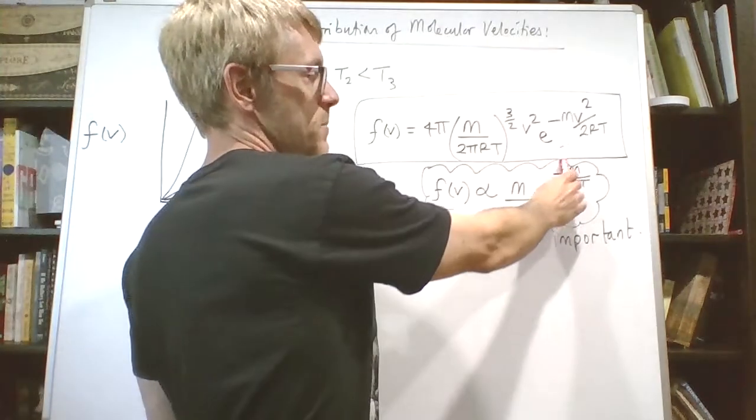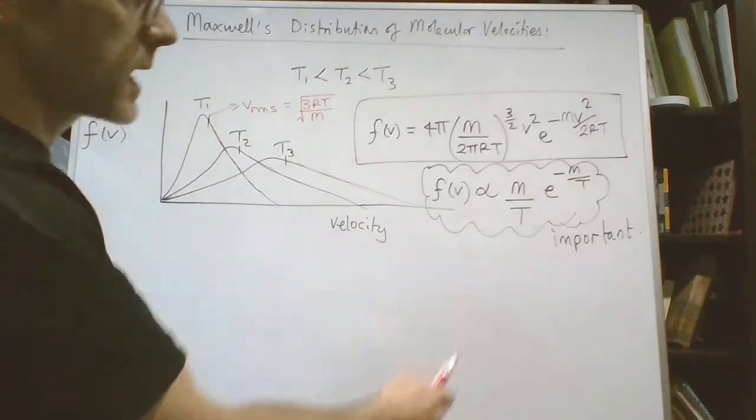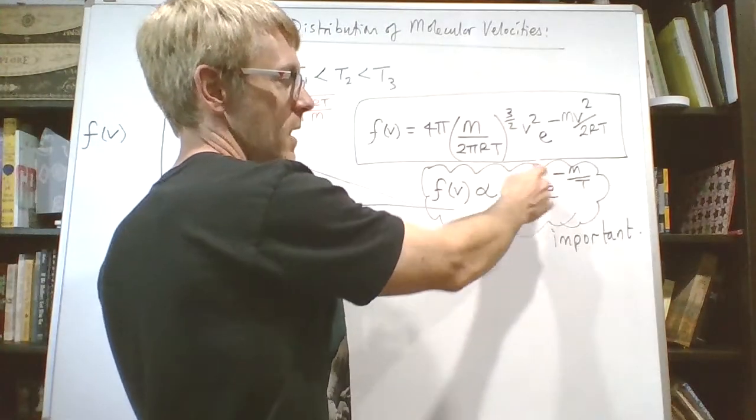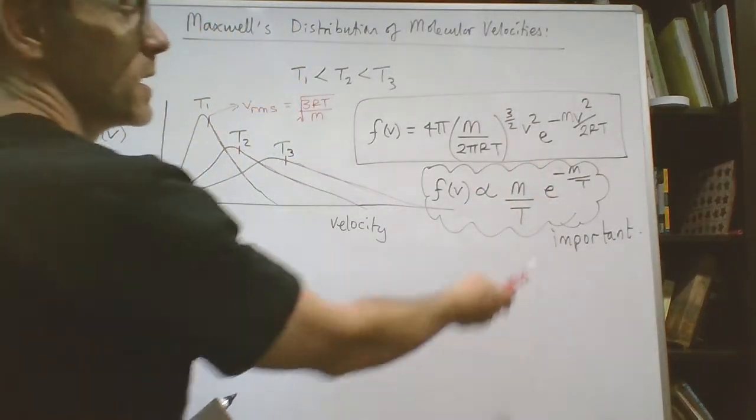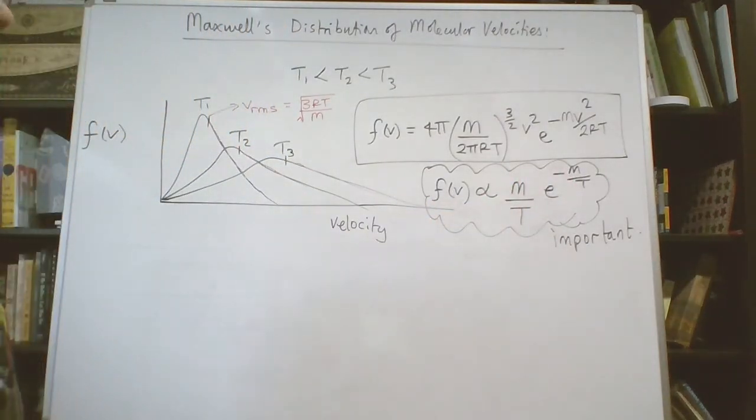Let's look at this exponential decay. There's a decaying slope because of this exponential decay over here that has reciprocal temperature in it.